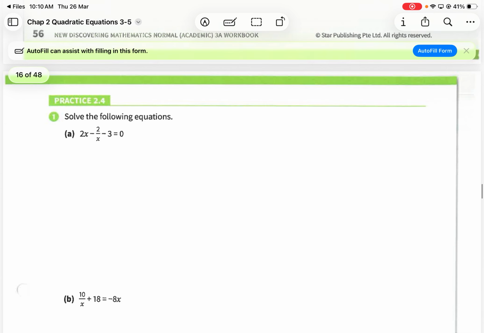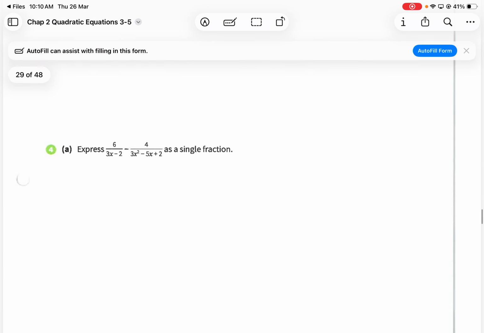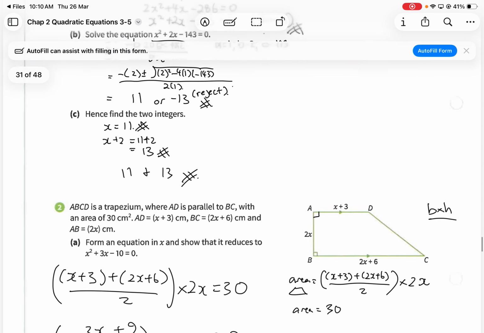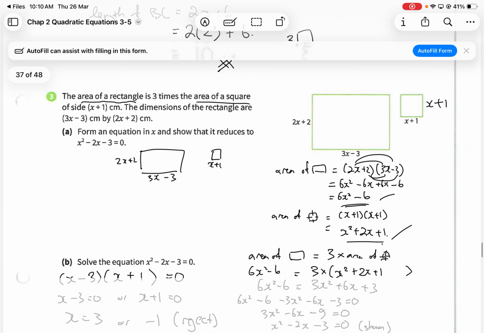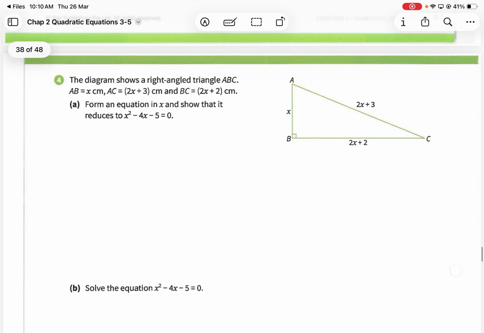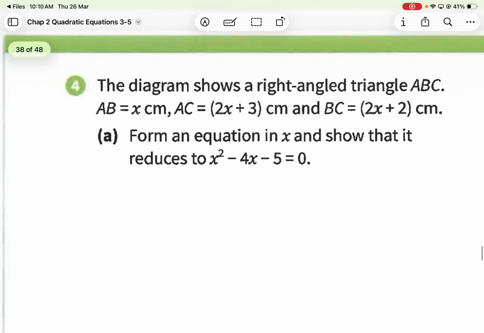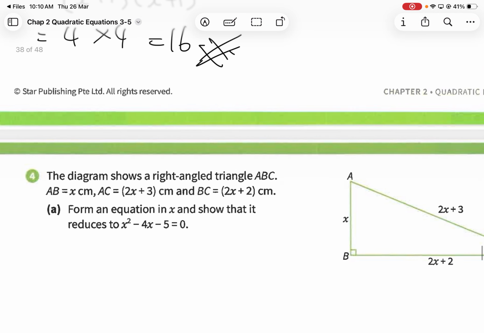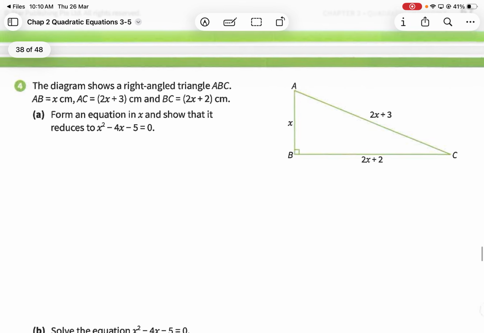We are going to translate English words into mathematical equations. Translate it to Tamil also can. Question 4. Question 4, right? Yeah, question 4.